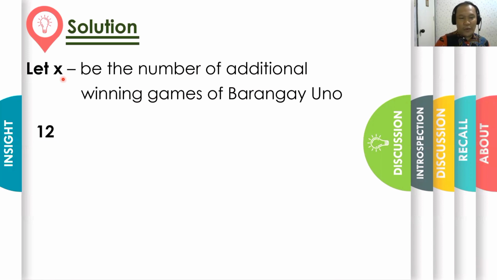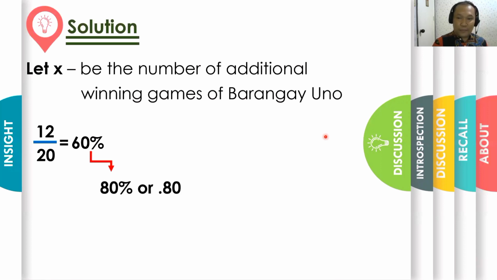And then we always go back to our information, and that is 12 are the winning games, 20 is the total number of games, and that is 60%. And they want to improve their winning percentage to 80%, or 0.80.